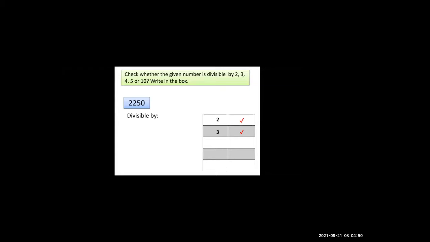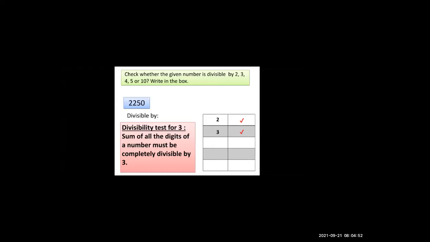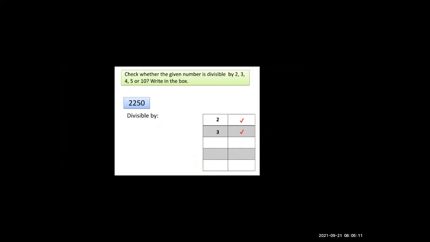We are supposed to add all the digits of the number and then check whether the sum is divisible by 3 or not. Remember this, the sum of all the digits of a number must be completely divisible by 3.